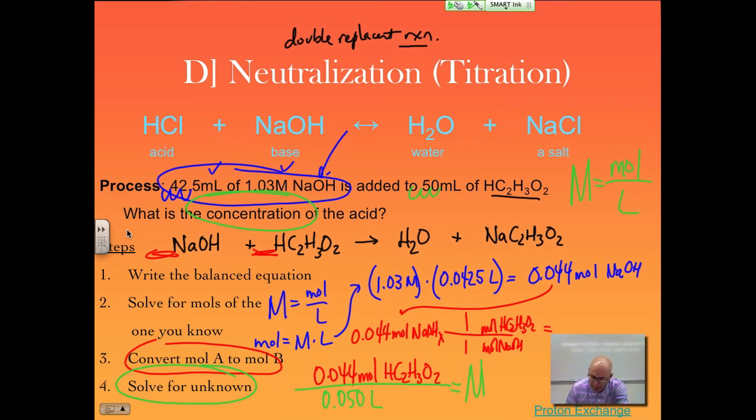And that will give me my molarity, which is, I'll write it right here, 0.08, I think that's right? No, 0.88 molar. That's a big capital M, HC2H3O2. I'm going to put a box around that answer right there. 0.88 molar HC2H3O2. That's a neutralization reaction problem.